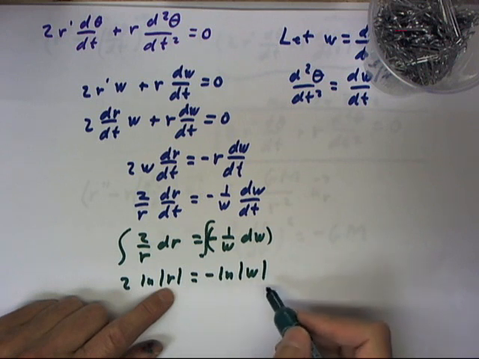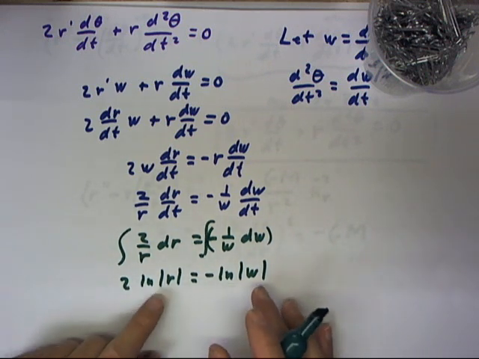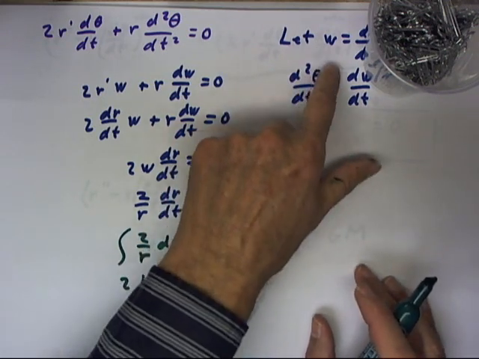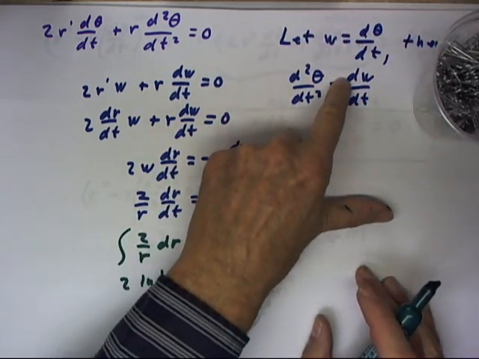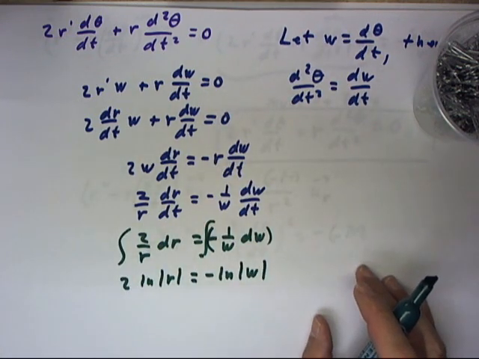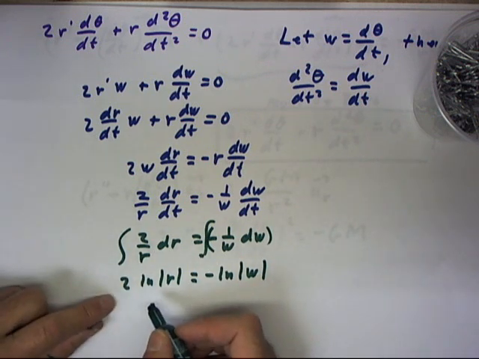Now, if we assume r and w are both positive, which we can't necessarily do because w is d theta dt, and our theta function might be moving in the negative direction, but let's again wave our hands just a little bit.